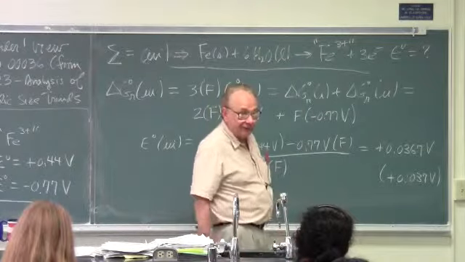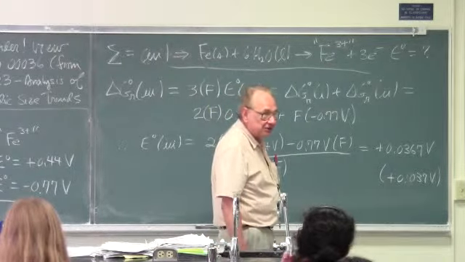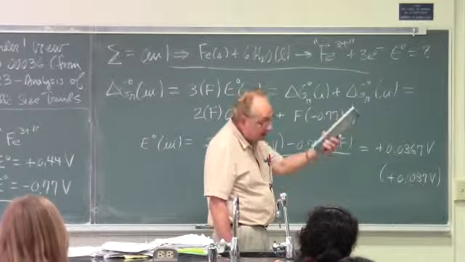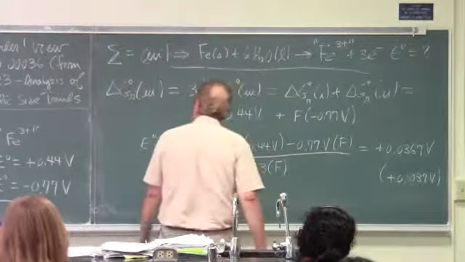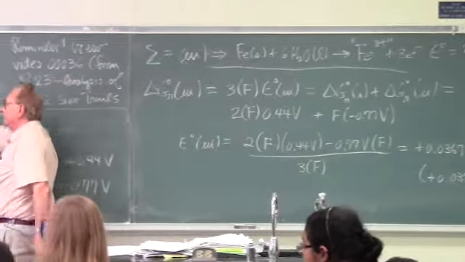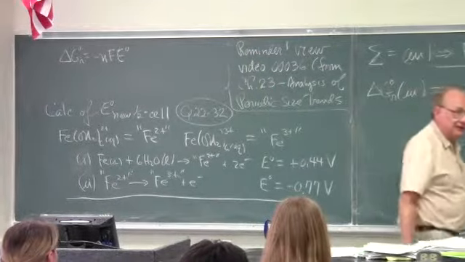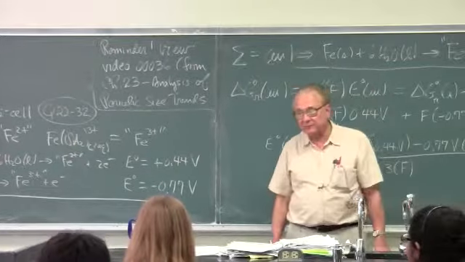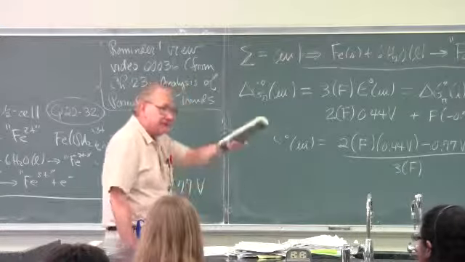So the only thing we don't know is delta G0 for the reaction. So we get delta G0 for the reaction, because again, these changes in free energy are additive. And then with this, we compute E0. I did the arithmetic and find out that you get the same number.